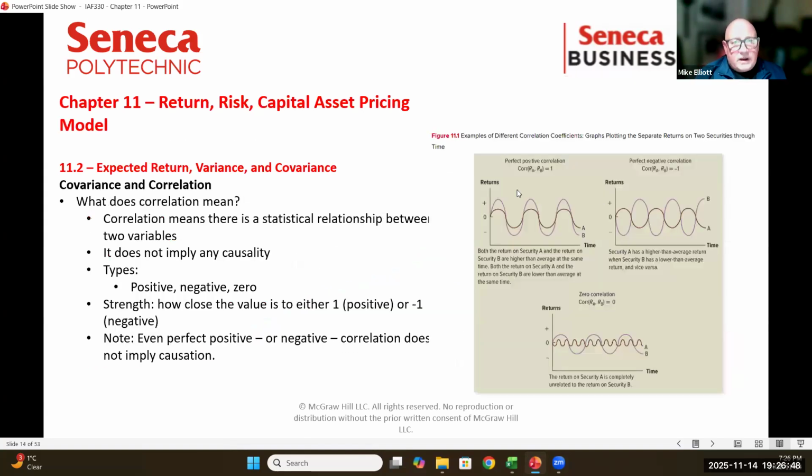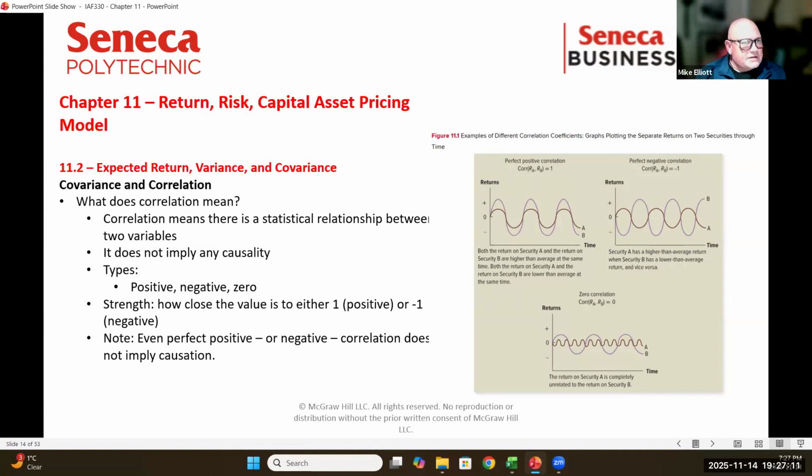Specifically, if we look at this chart on the right here, we talk about correlation. The first chart is positive correlation. In fact, it's perfect positive correlation. As one goes up, the other goes up. As one goes down, the other goes down. There is no slippage. The next one is negative correlation.